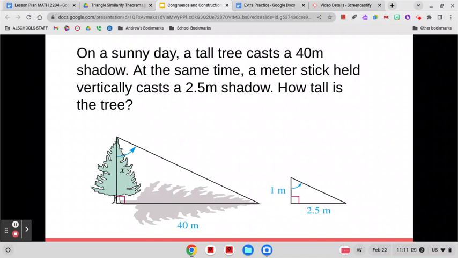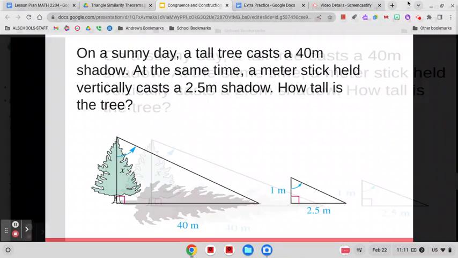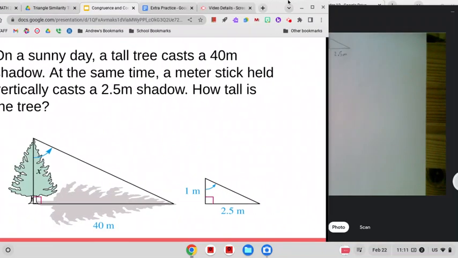One thing to be careful of, I'm not going to do this to you, but if these labels didn't match, if it said that one casts a 40-meter tall tree and the other one has a 3-foot tall stick, or a 2.5-foot shadow, if the labels don't match, then you have to make the labels match.